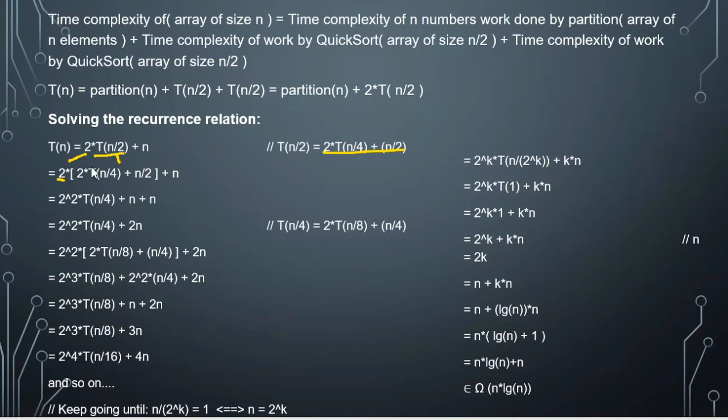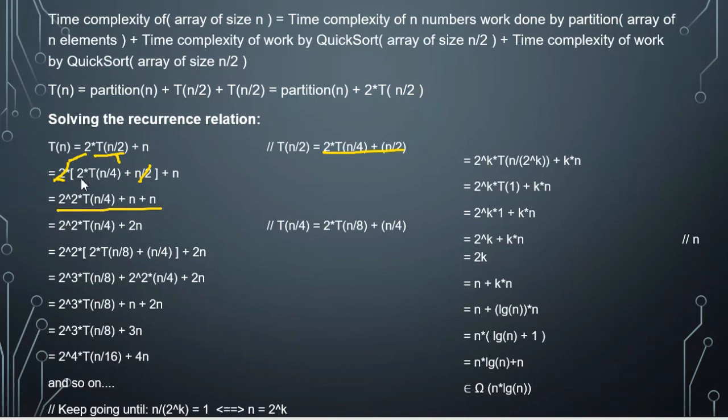If we multiply the sub-partitions in the brackets, the 2 is cancelled by this 2, it will become n, and this will remain the same as it becomes 4.